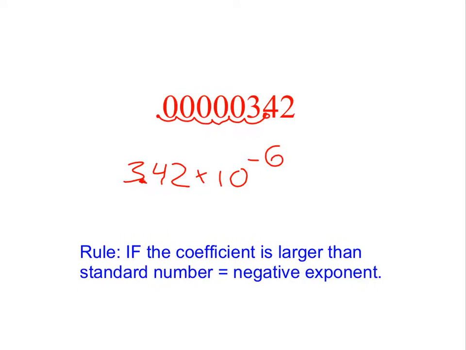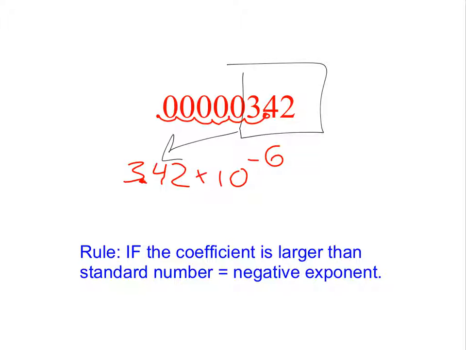Then our second example was looking at a number smaller than 1, so this decimal place. We found that our coefficient rule featured 3, 4, and 2, and we shifted that to 3.42.